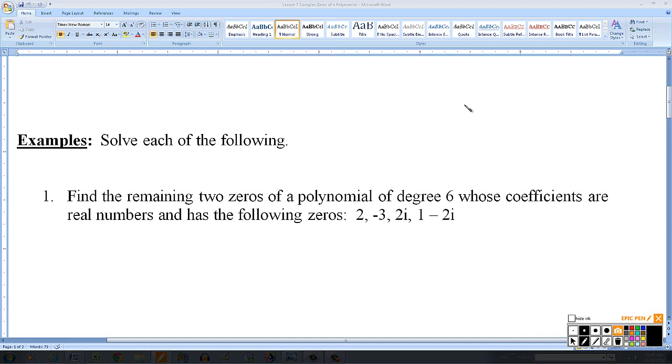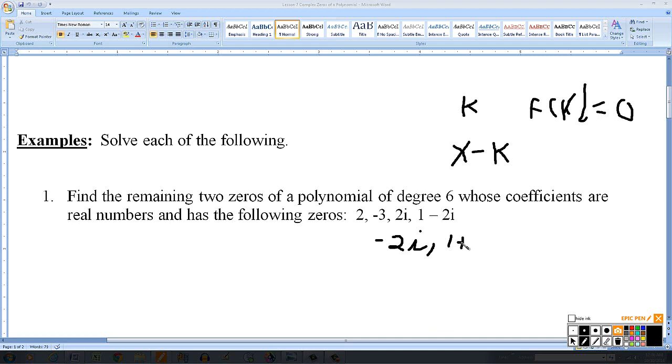The factor theorem tells me that if k is a zero of some polynomial f of x, and what that means is that f of k would have to equal 0, then x minus k is a factor.